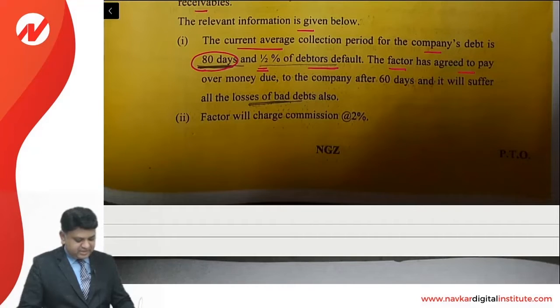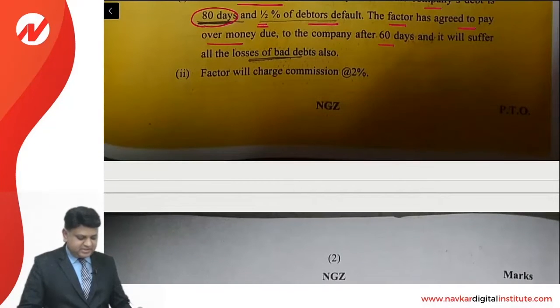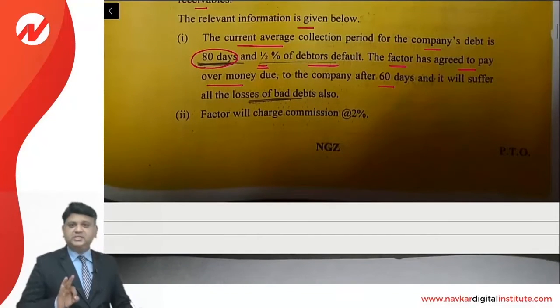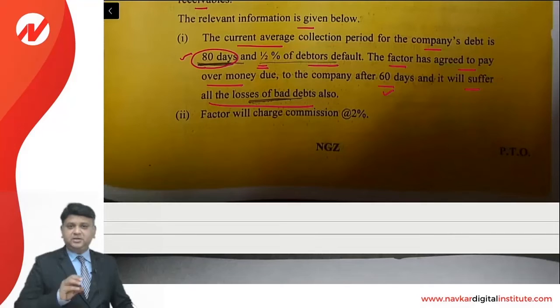The factor has agreed to pay over money due to the company after 60 days. So the collection period will reduce from 80 days to 60 days. And it will suffer all losses of the bad debts also. Means it is non-recourse factoring services. The responsibility of the bad debts is of the factor and not of the company.